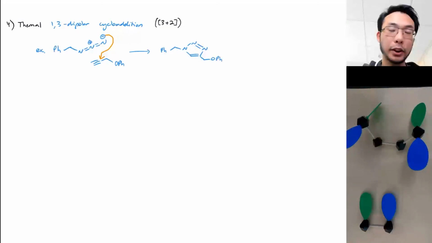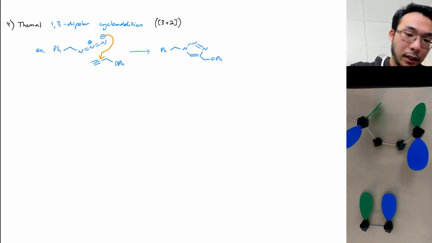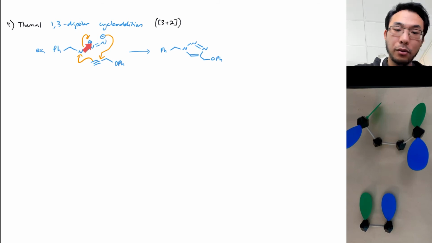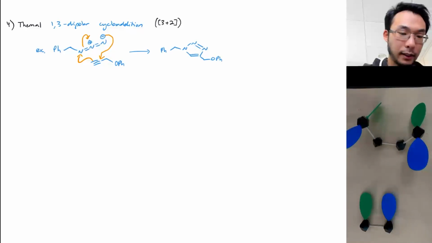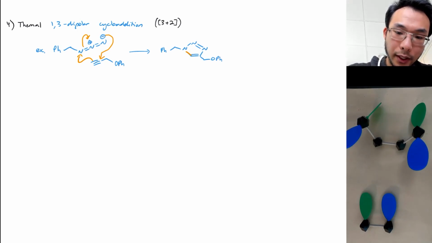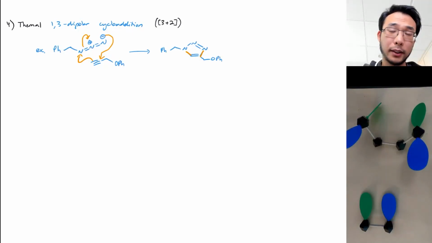So I'm treating that nitrogen almost like it's a nucleophile, and I'm going to cyclize around, and you'll notice that this last arrow doesn't go all the way through, but it just ends on the central atom to essentially neutralize that positive formal charge. That leads me to having these two new bonds here and here in my product.